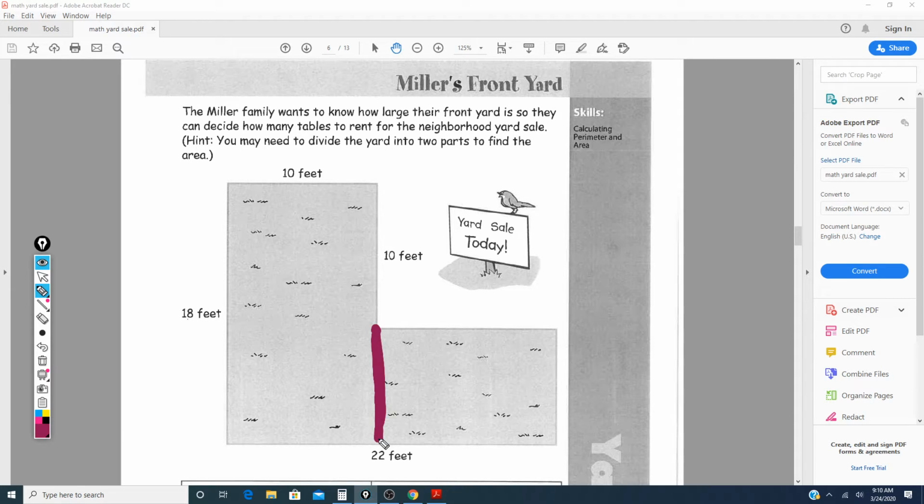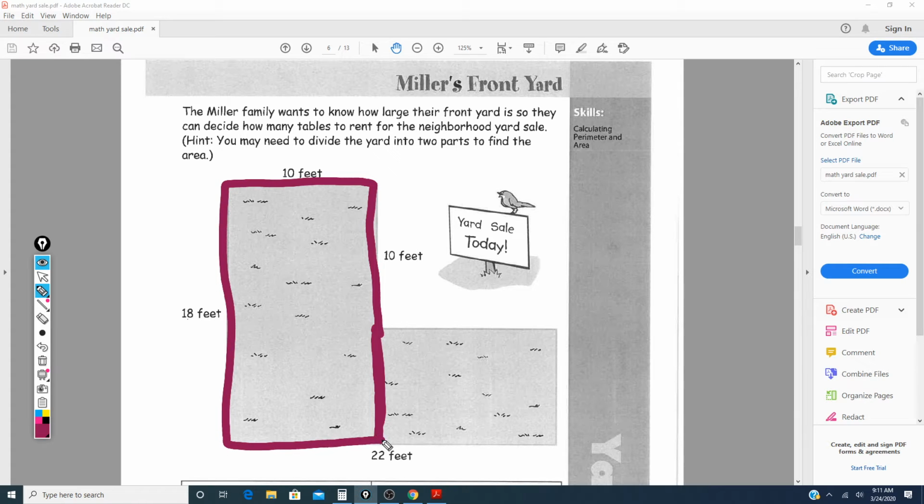Okay, so we're going to split this into two different shapes right here. To hammer home the point, there's one, and the other shape would be this. Change color.